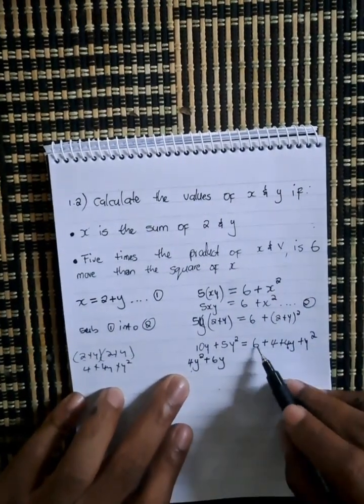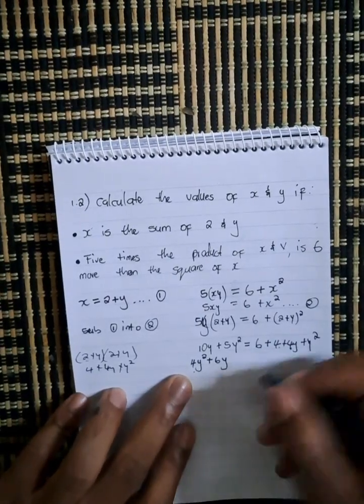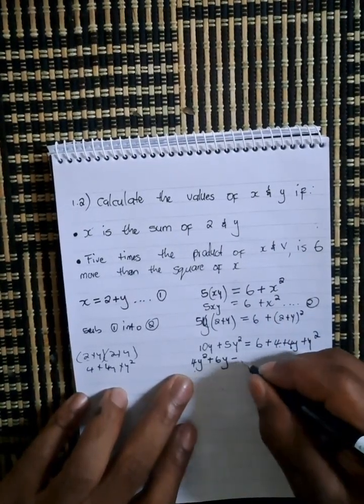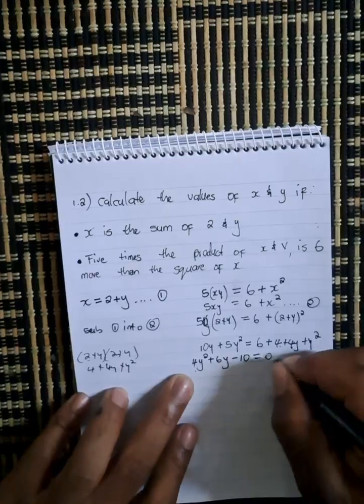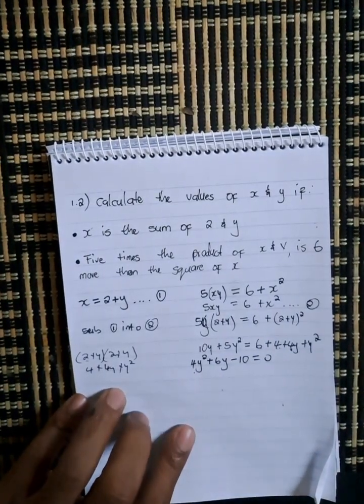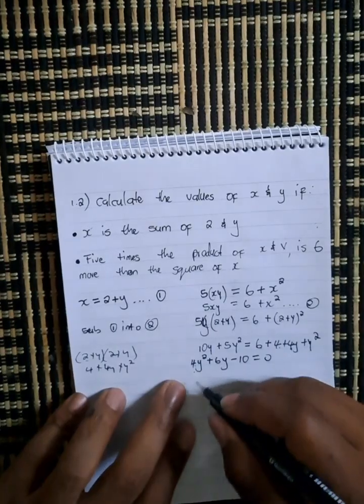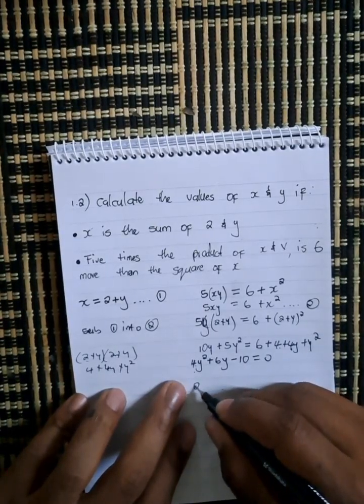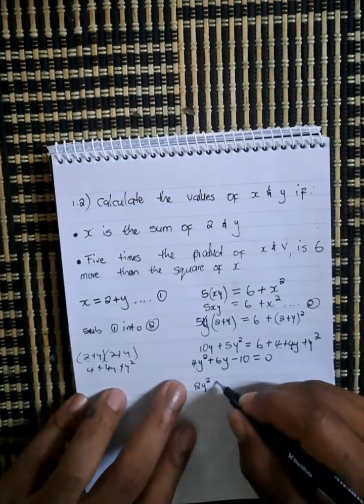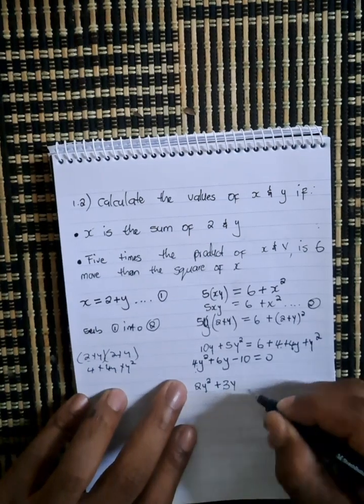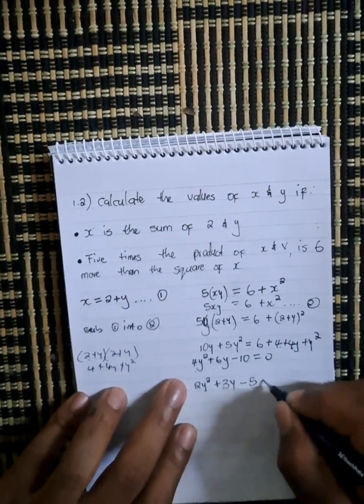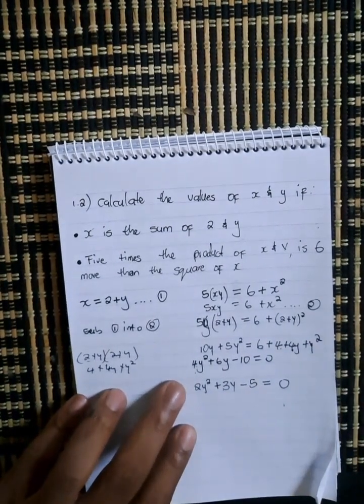And then 6 plus 4 is 10. When you take it over the equal sign, it becomes minus 10. Great. We can simplify this as well by dividing everything by 2. So we're left with 2y squared plus 3y minus 5, which all equals 0.